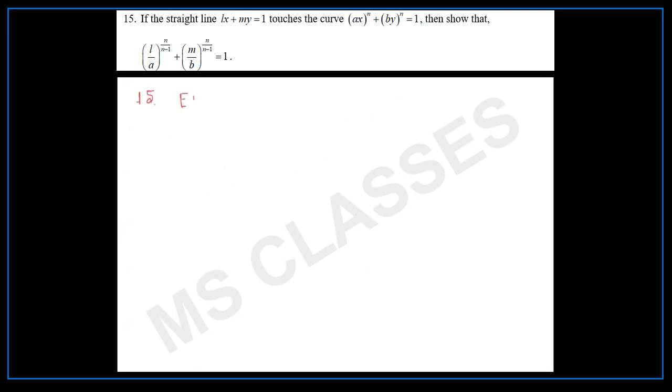Equation of the curve: (ax) to the power of n plus (by) to the power of n equal to 1. Let P(x1, y1) be the point of contact.